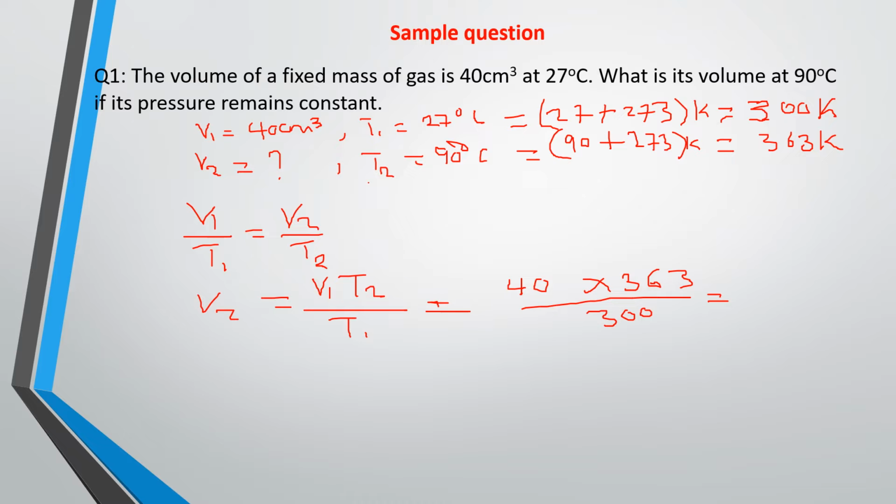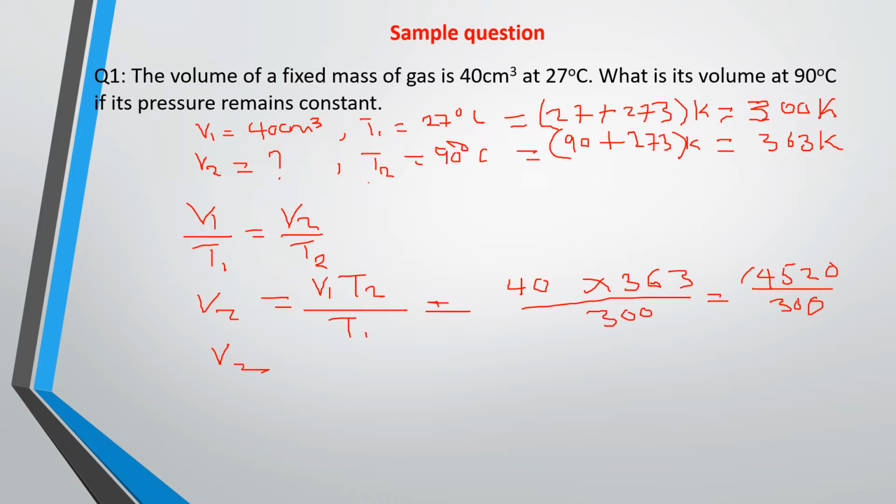When you do this multiplication, 40 times 363 will give you 14,520 divided by 300.